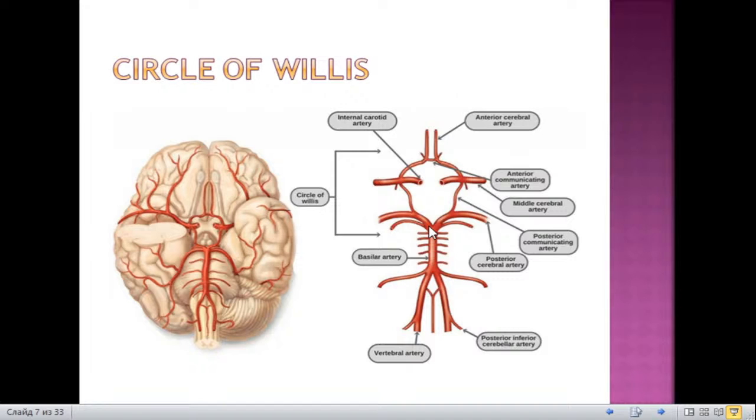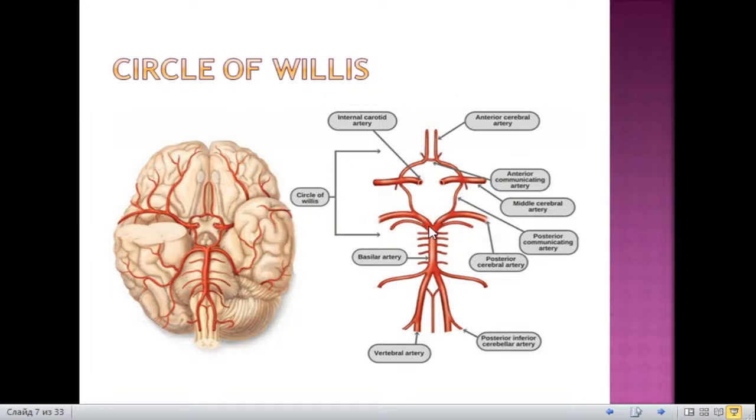Second, because the Willis circle is one of the most frequently asked questions at the anatomy exam. So be sure, when you pass the anatomy exam, almost all of you will get some question about the Willis circle.